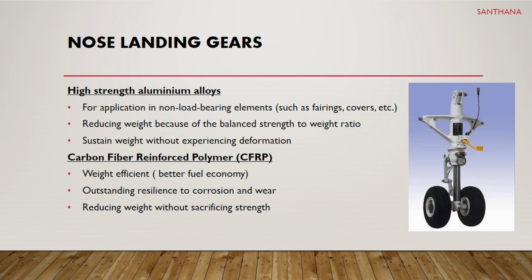What makes CFRP even more valuable is that it significantly reduces weight without sacrificing strength, ensuring the landing gear remains both durable and lightweight. By combining high strength aluminum and CFRP, nose landing gears achieve the perfect balance of strength, durability, and weight efficiency, making them important for safe and smooth aircraft operations.